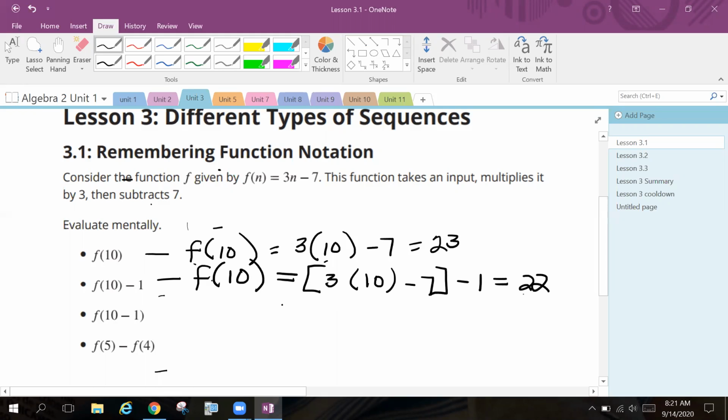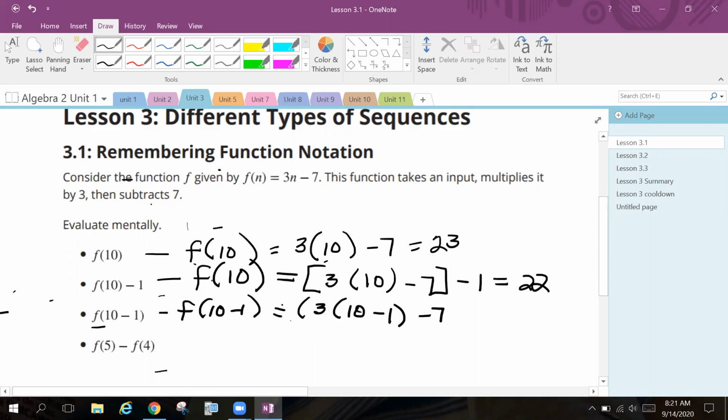All right. So what about the next one? 20. Yes, it would be 20 because this is what happens in it. Anybody struggling with these? Everybody okay? Okay. So this is how you had f of 10 minus 1. So this would be 3 times 10 minus 1, then minus 7.